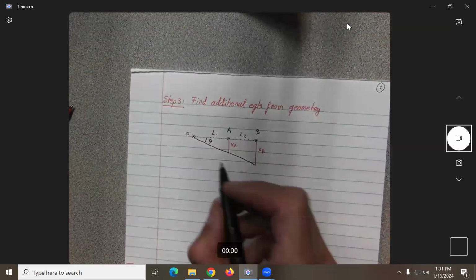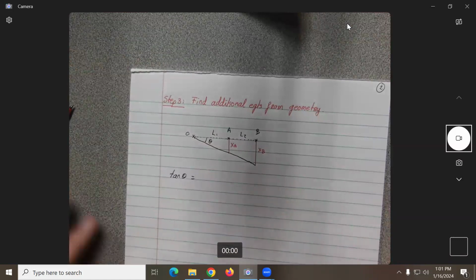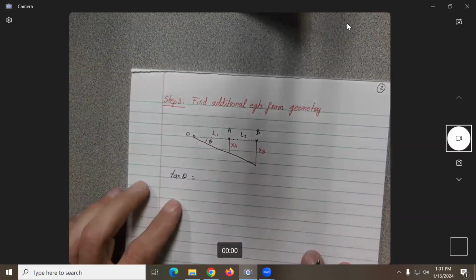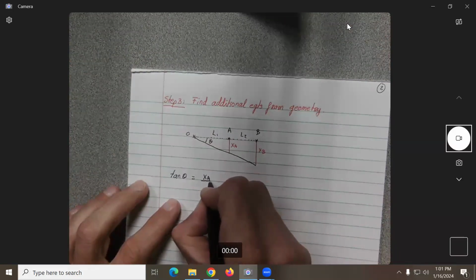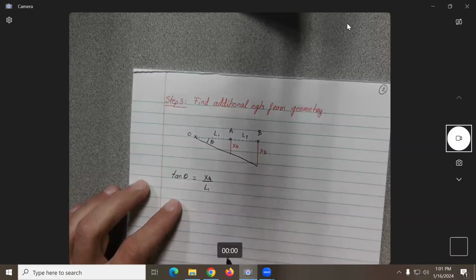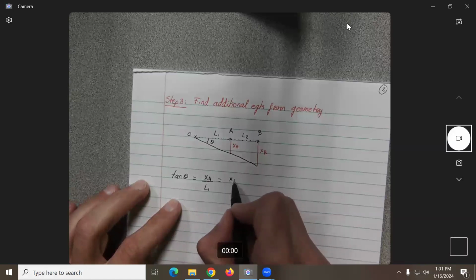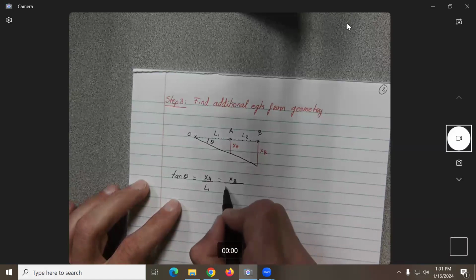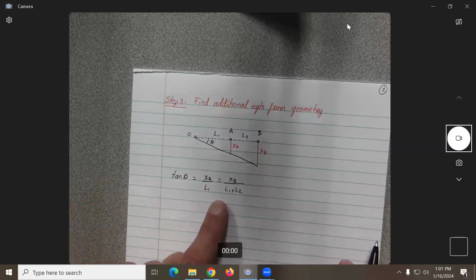What can we do over here? For example, you do tangent of theta. Tangent of theta should be equal to what? Could be equal to XA over L1, but it could also be equal to XB over L1 plus L2. Okay, so now this is going to give us a relation between X sub A and X sub B, no?